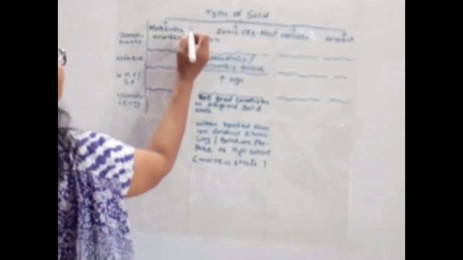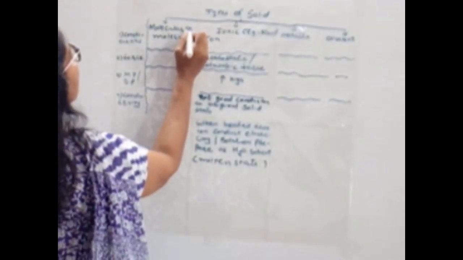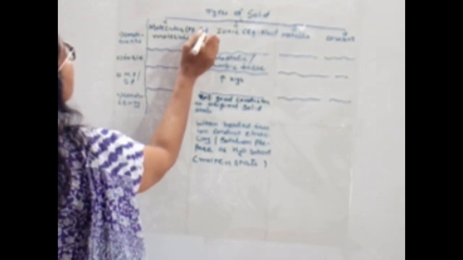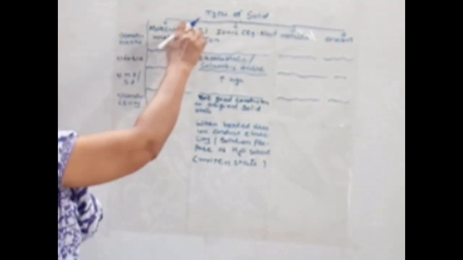We can say the example is P4. Here I am writing only one or two examples. Some of the examples you have to find from the textbook, or try to identify on your own from other sources. So P4 is an example of molecular solid. The molecule is the constituent particle.